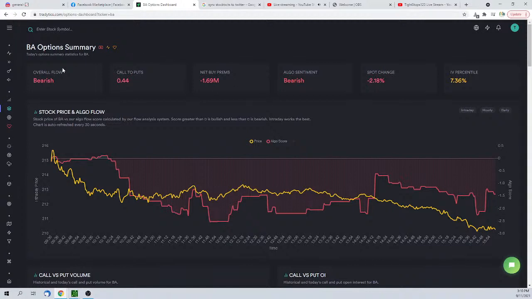All right, so this is one of the main focuses I want to talk about today, the stock price and algo flow. This thing is pretty freaking incredible. Here on Boeing, this is not a good example. The yellow line is the stock price. This is a 1-minute chart.